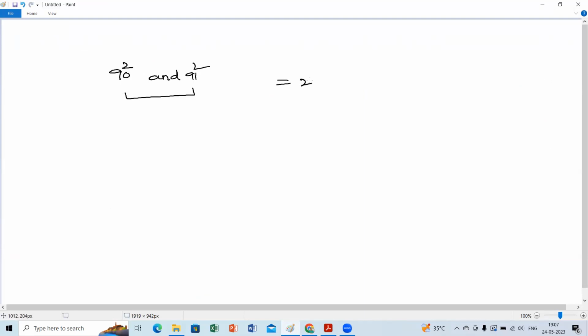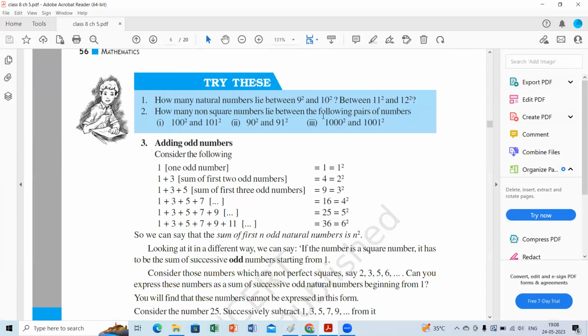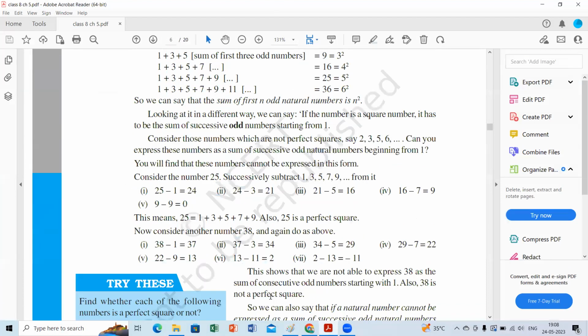That's 2n. This is n square and this is n plus 1 whole square. The number of non-square numbers in between is 2 into n. Here n is 90, so 2 into 90 is 180 non-square numbers. It's more important, children. I am recollecting all the points because you forget things.